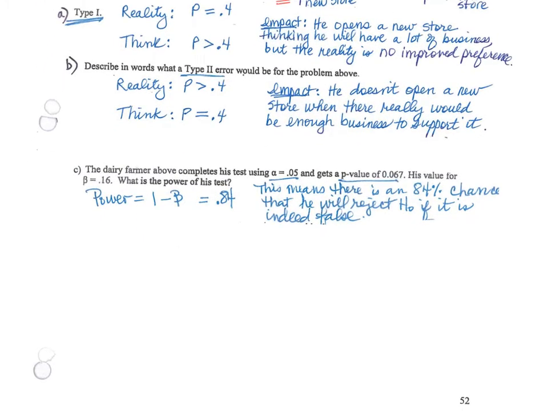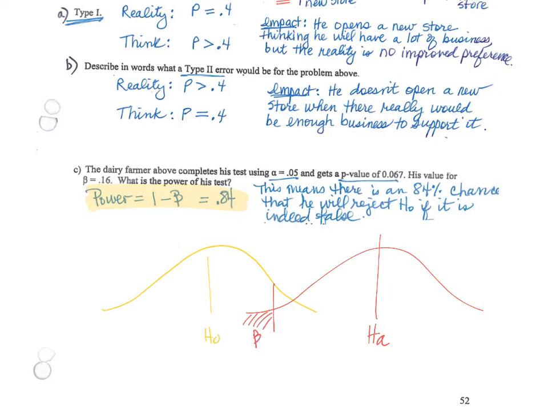Okay, so people asked me this. This was a straight-up definition. Power, do you remember with your curves? There's the null hypothesis curve, and then you have the alternative hypothesis curve, and here is where type 2 error occurred. Beta was right here, type 2 error.